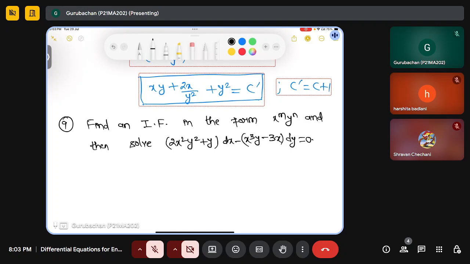Did you get any suitable values of m and n?